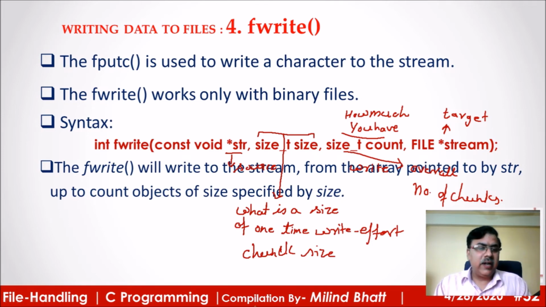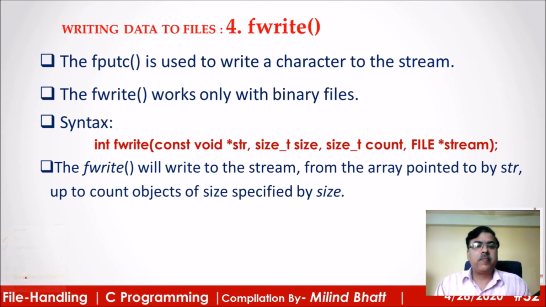Let me clear the handwritten content. fwrite will write to the stream from the array pointed by str, up to count objects of the size specified by size. Means where you have to write, what you have to write, it is in terms of string. How much you have to write is defined by count, and one-time writing effort is defined by size. So all four such arguments.